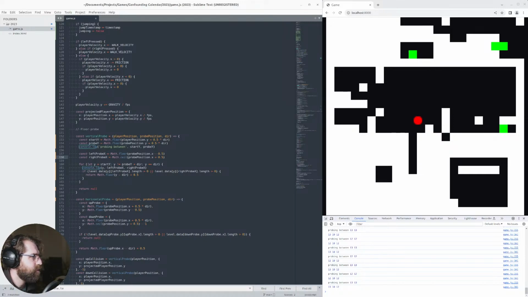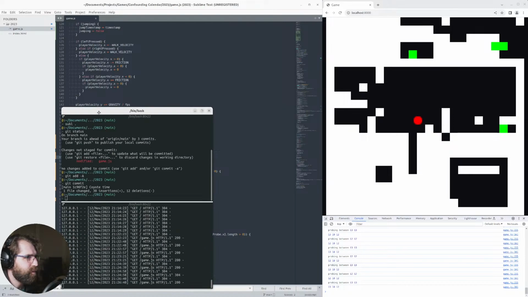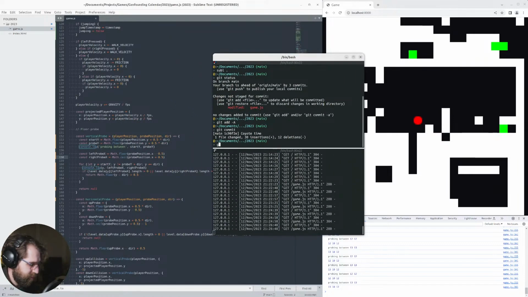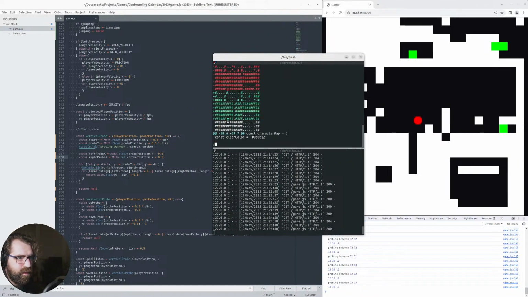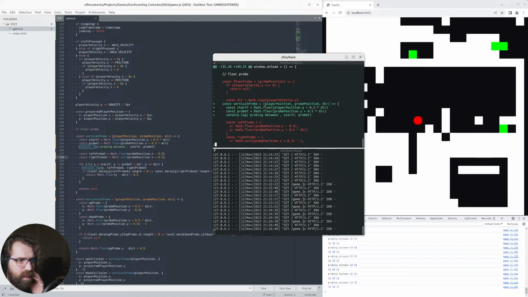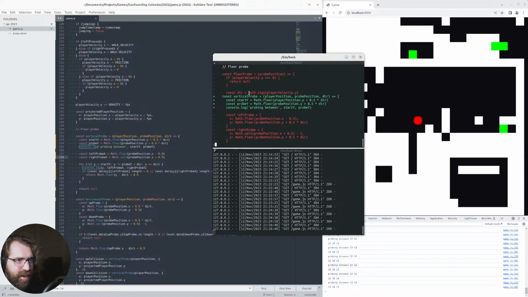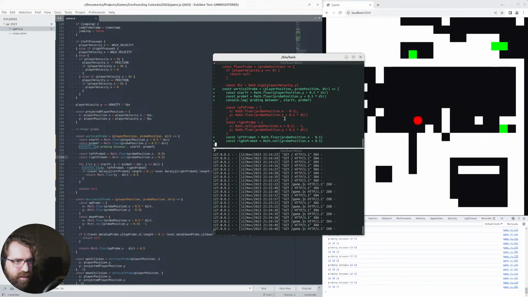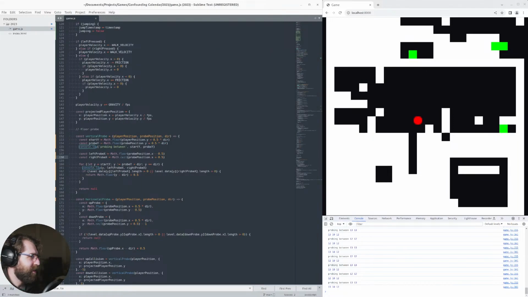I can bring that over, we can have a look together. Floor probe? Oh gosh, I haven't actually updated it in ages. I lost that -1. There we go. That's what's happening. I lost the -1.